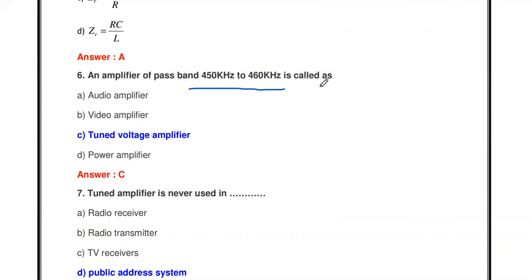Is this amplifier called audio amplifier, video amplifier, tuned voltage amplifier, or power amplifier? It's a tuned voltage amplifier. That is, this amplifier is not amplifying all frequencies; it will amplify only some selected range of frequency, 450 kilohertz to 460 kilohertz. That's why this amplifier is called a tuned voltage amplifier.